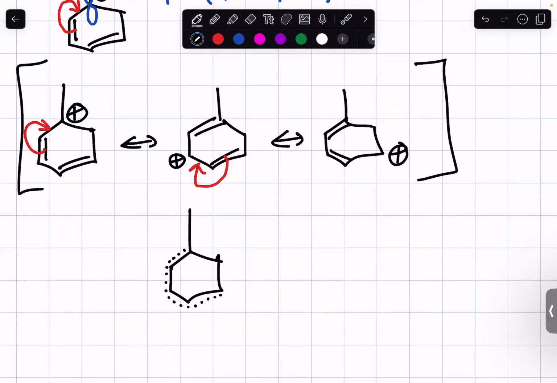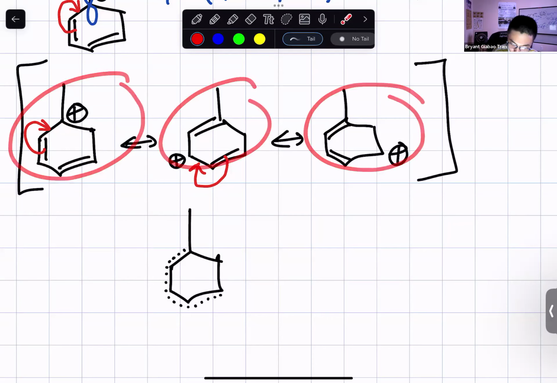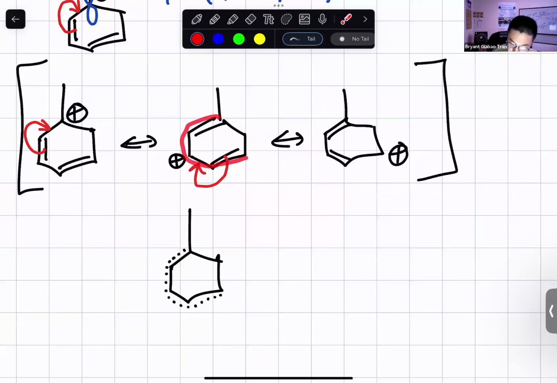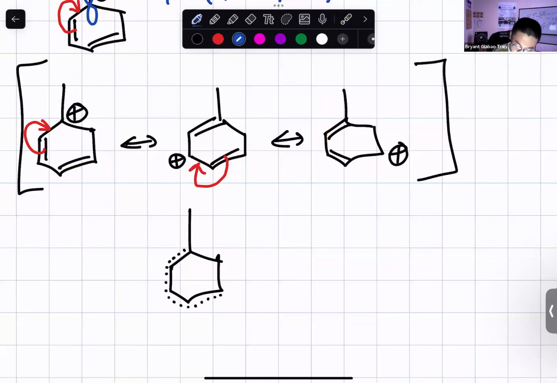Because in reality, it doesn't stop one at a time like this. It's free flowing throughout the molecule at the same time. So electrons are flowing here constantly. Oh, okay. Where you see the positive charges, those carbons will have the partial positive charge like this.